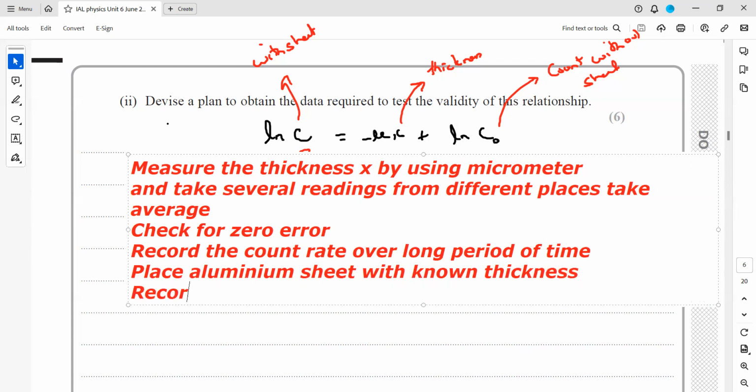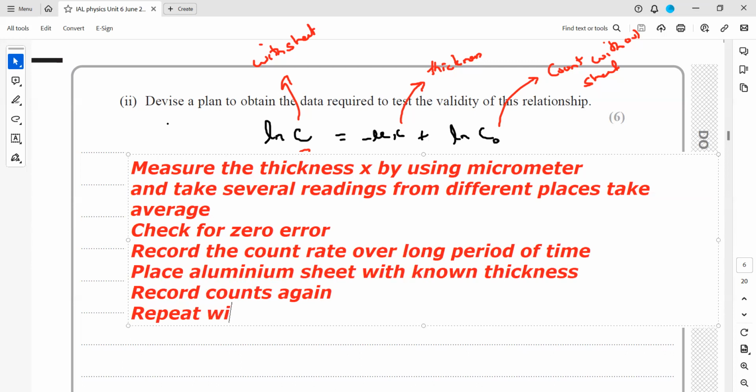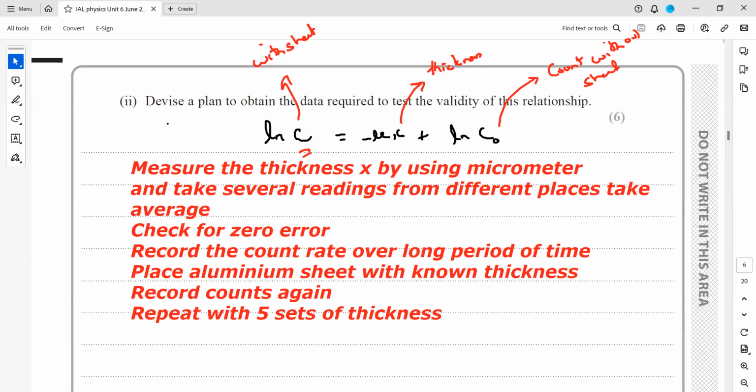Then record the counts again. And then repeat with a minimum of 5 different thicknesses. So that's how this experiment should be done.